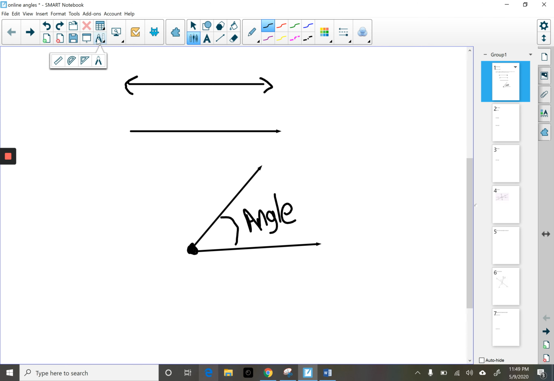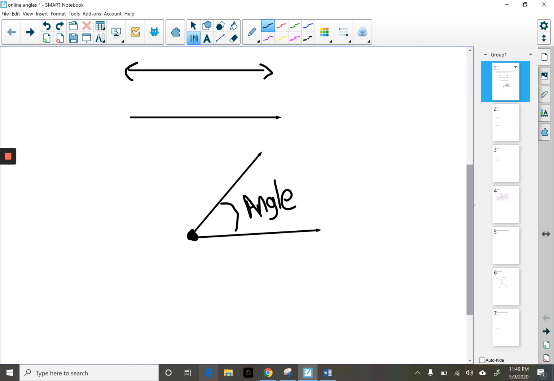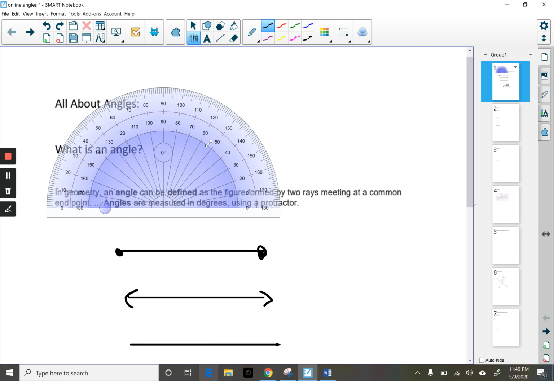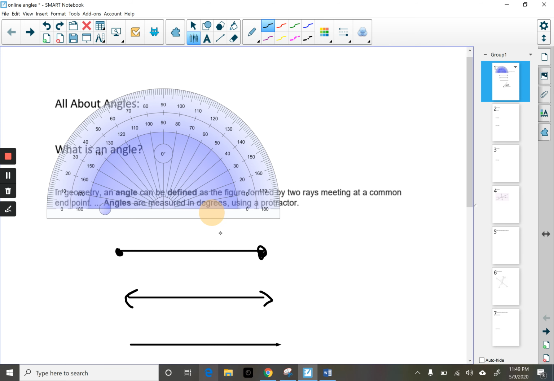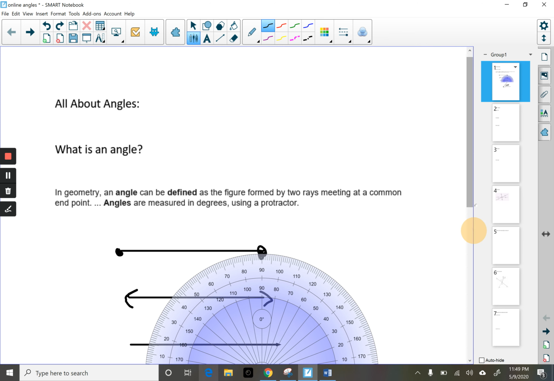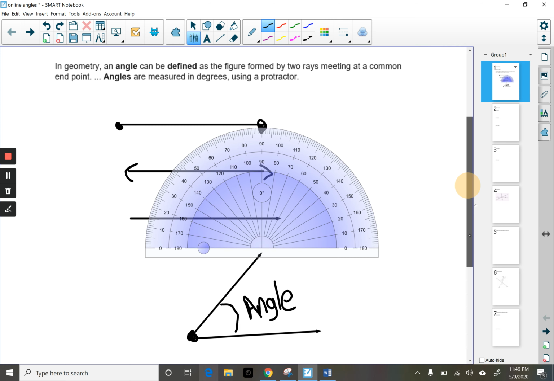So if I bring up my protractor, give me 1 second here. Here it is. So let me just bring it down here and show you guys how to measure an angle.